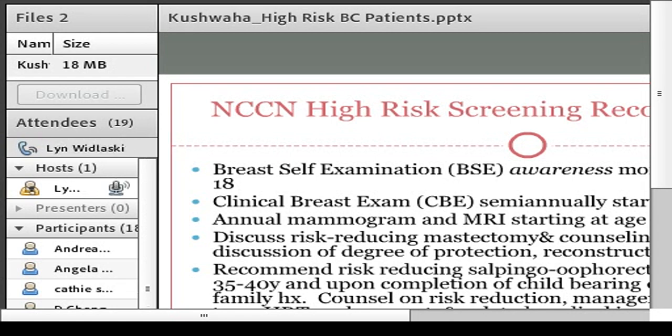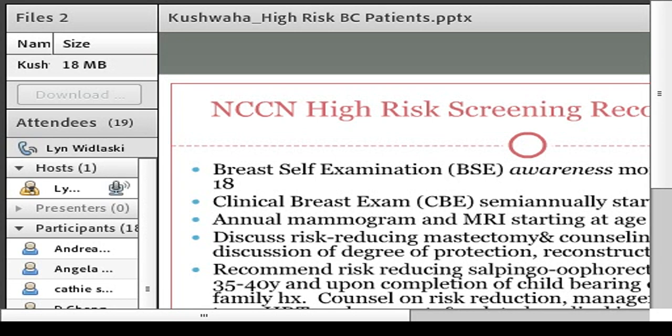They do recommend discussing risk reduction mastectomy and counseling, including the degree of protection it provides, the reconstruction options, and the risk of surgery. They actually recommend getting surgery to take out your ovaries and your fallopian tubes between age 30 and 40, or upon completion of childbearing, as well as individual risk by the patient and family history.